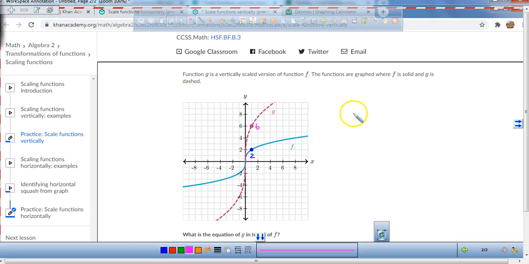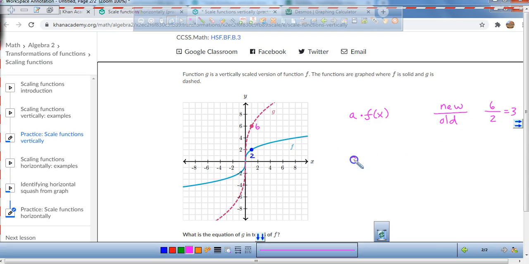Now, if you want to figure out what your a value is, for an a times f of x, the a value will always equal the new y value divided by the old y value. So what is our new y value? Our new y value is a 6. What was our old one? A 2. 6 divided by 2 is 3.